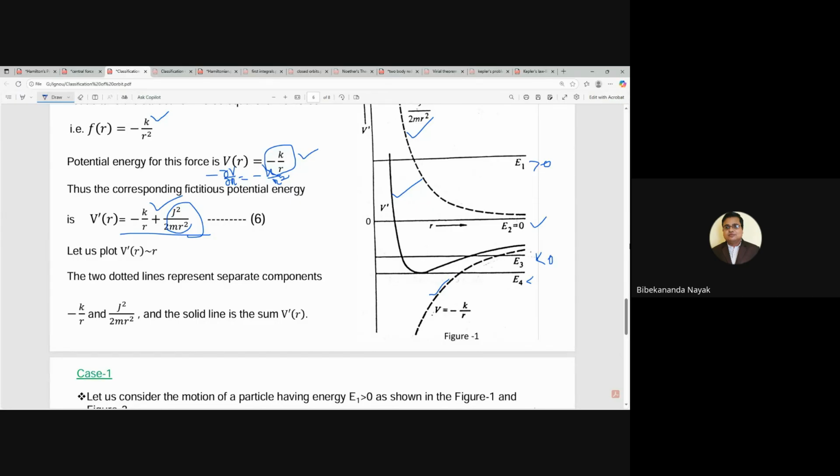Okay, so tell me this one. When I take E1, energy greater than zero, at any point here or here or here, I take the energy on the axis. You see, everywhere it crosses at one point. At one point, total energy becomes potential. What does it mean?